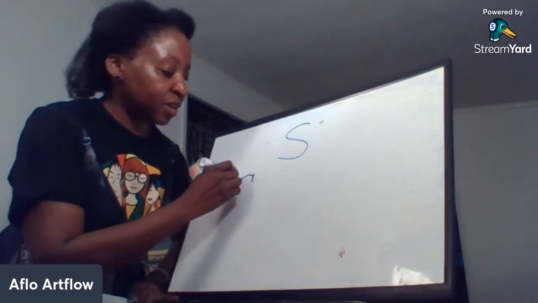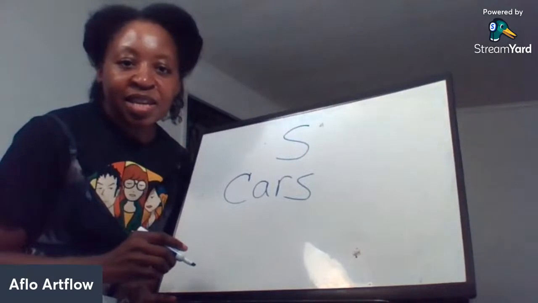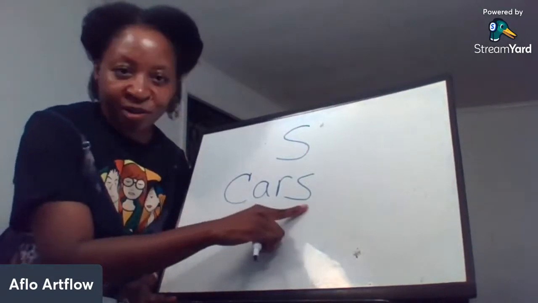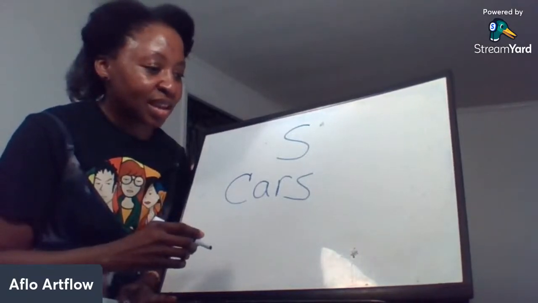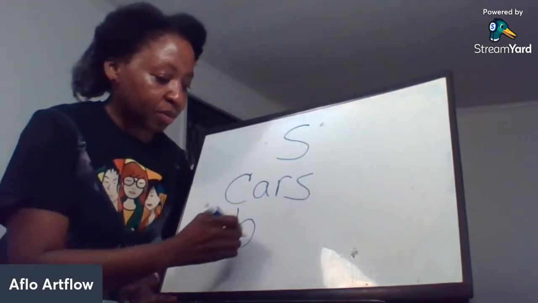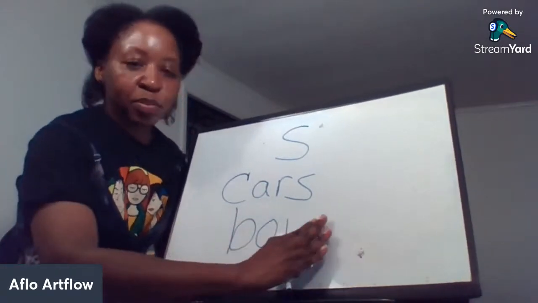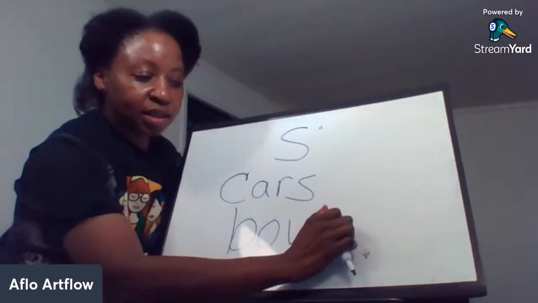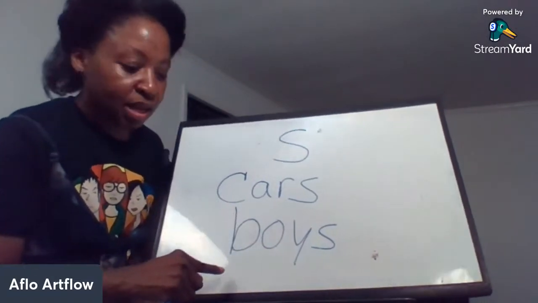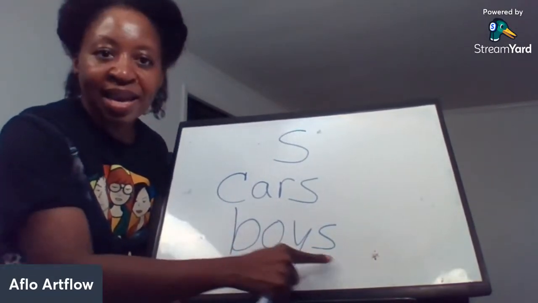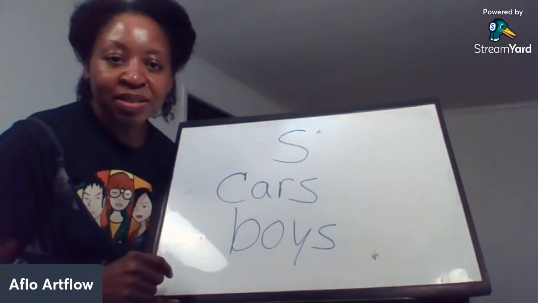Okay, so what are some words that end in S to show more than one? How about cars? He owns several cars. So that means he owns more than one. Boy is B-O-Y, is one boy, but I see many boys, B-O-Y-S, going to school.